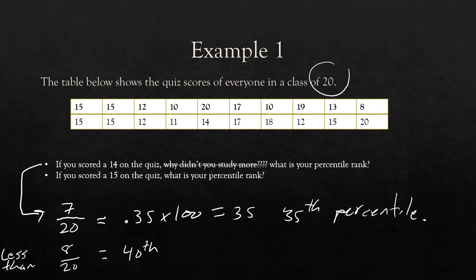But if we use the less than or equal to, that adds a whole bunch of other values, right? You can see all these 15s in there, and I'm not going to go through the math, but that is going to be the 60th percentile. So again, it really matters which book you're using and which definition they want you to use.